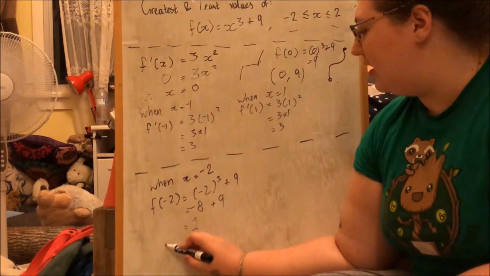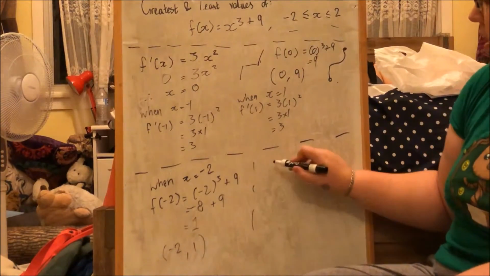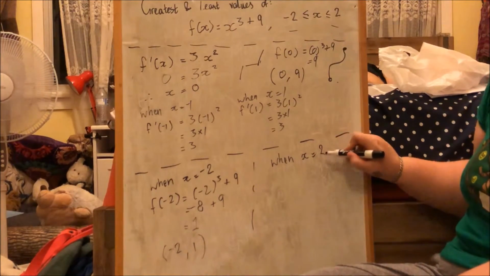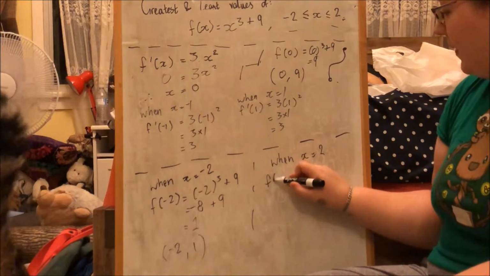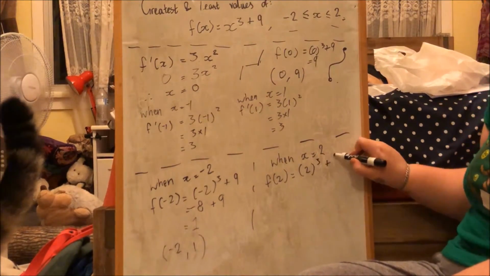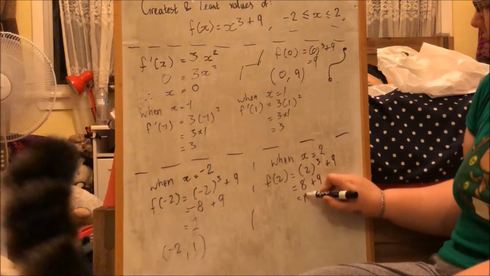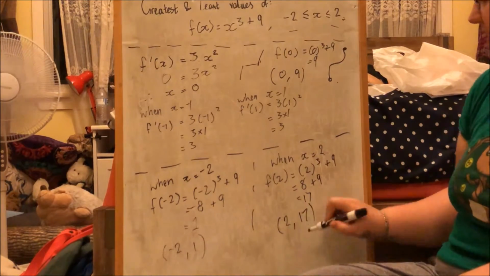So our coordinates there are going to be -2, 1, and then when x is equal to +2, which is our other boundary point, yes, thank you, Kat, f of 2 is equal to 2 cubed plus 9, 2 cubed is 8, plus 9 equals 17, so our other point there is 17.